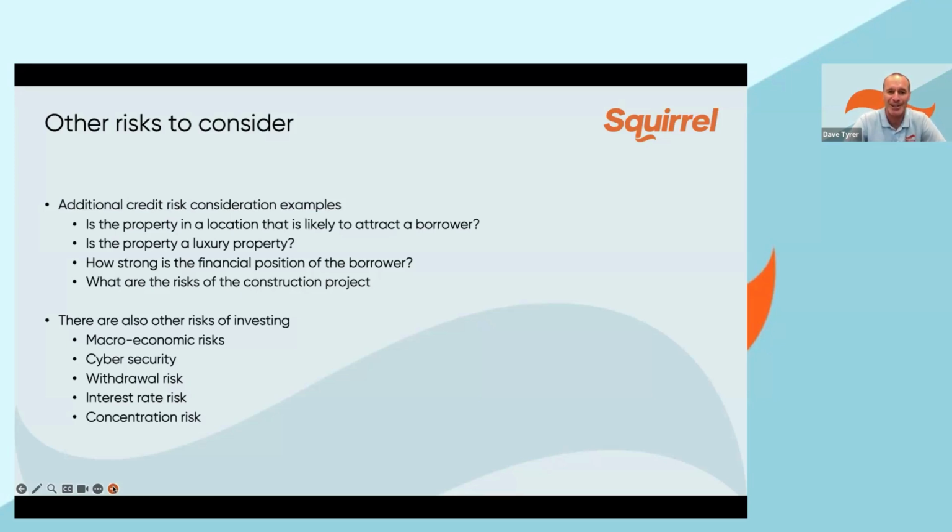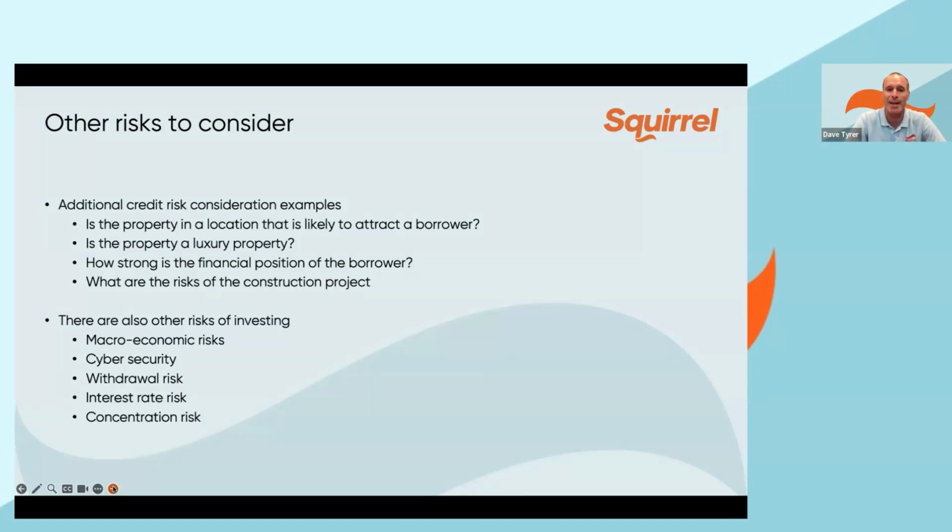I could do a whole webinar on that for an hour, and we would have only scratched the surface around construction risk. That's everything from what are the geotechnical risks to what are the exit risks of being able to sell the property once they're built. All those sorts of things come into play.